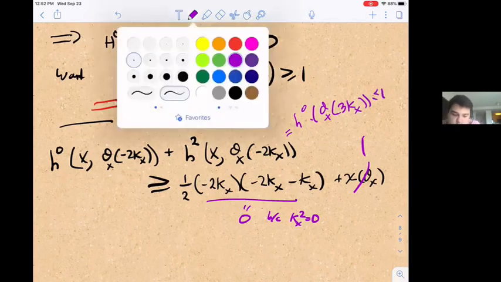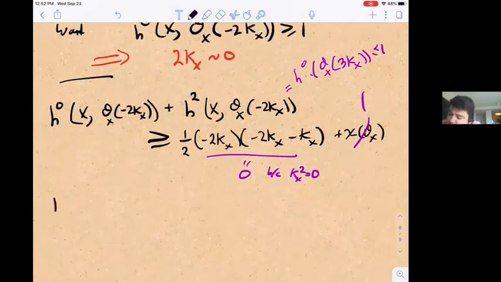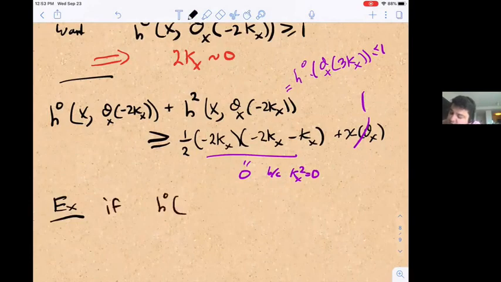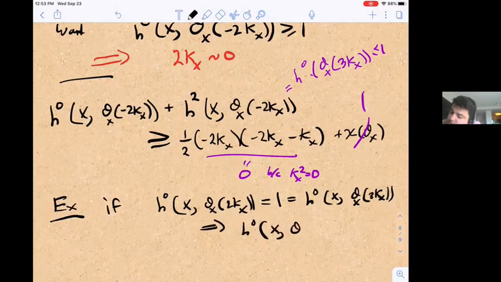And now here's an exercise. If you have both h0(2K_X) is 1 and h0(3K_X) is 1, then this would imply that just h0(K_X) is 1.